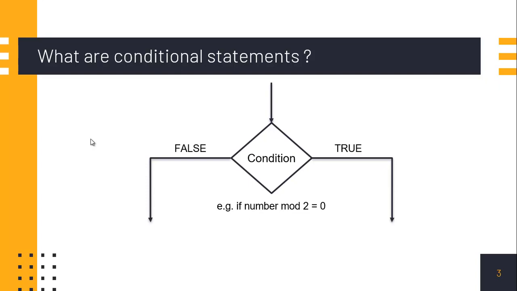So if the number is 5, it will have a remainder of 1, which means number mod 2 equals 0 will evaluate to false and it will say is odd number. And if the number is even and the condition becomes true, it will say is even number. So that's how the conditional statements work. They evaluate the condition and depending on the result, it executes the particular section of the code.